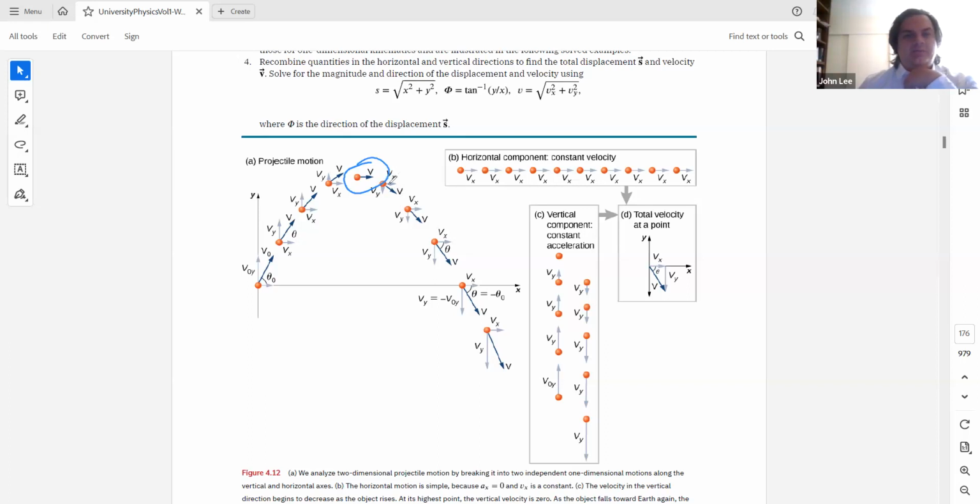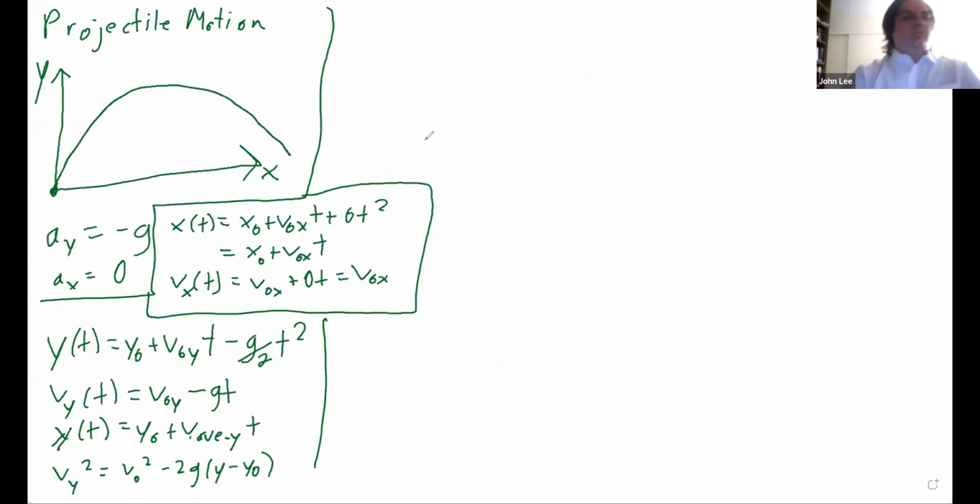So you go across that, and then you go down farther and farther, and then the velocity in the y direction keeps changing, but the velocity in the x direction stays the same. Yeah, so that's the generals of projectile motion.